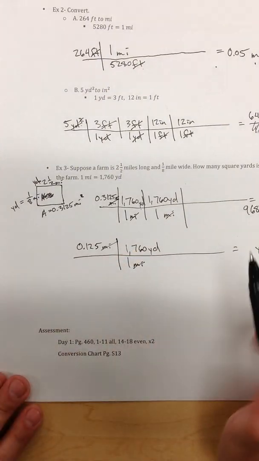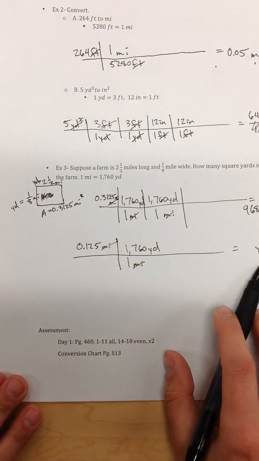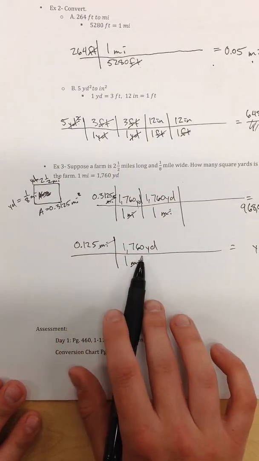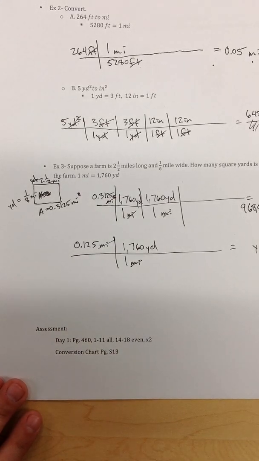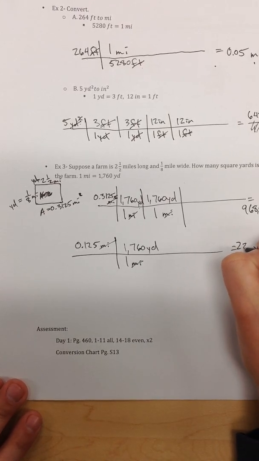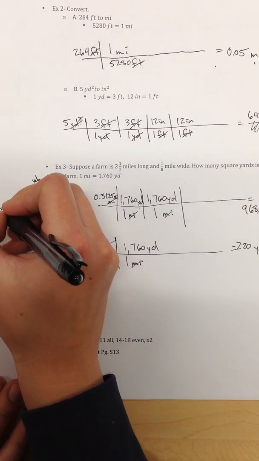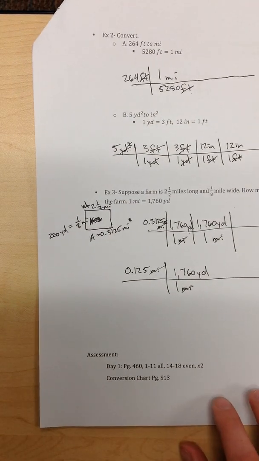Now my miles labels are completely gone, and I'm left with yards here. So then I would just multiply those top numbers. So I do 0.125 times 1,760, which ends up being 220 yards. So 220 for my yardage there.